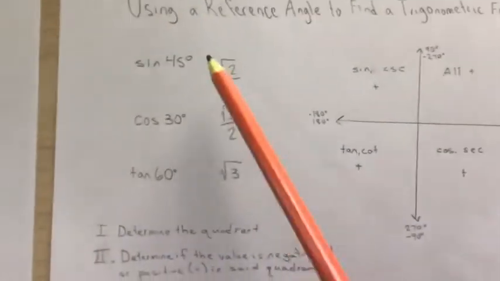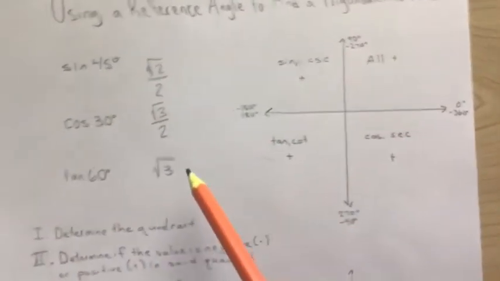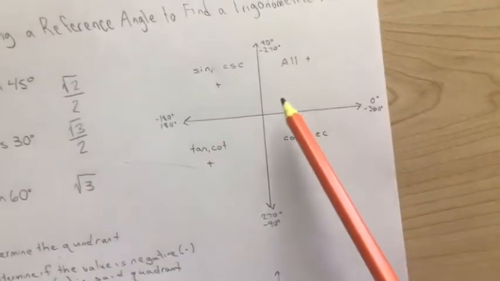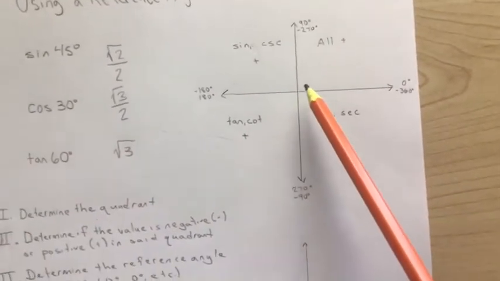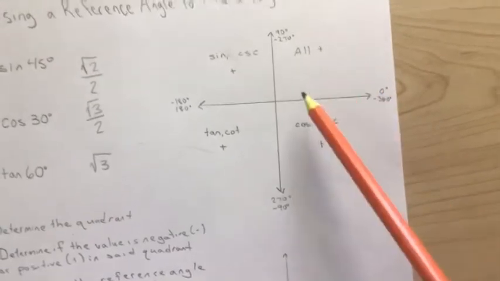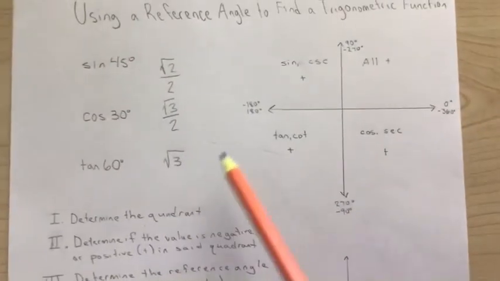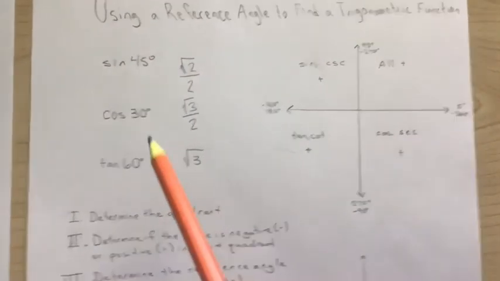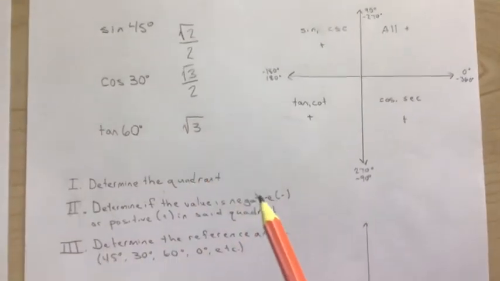And the same can be said for tangent of 60. 60 is larger than 45 and 30, obviously, so your relationship will be root 3, which means that the opposite side over the adjacent side will equal root 3.